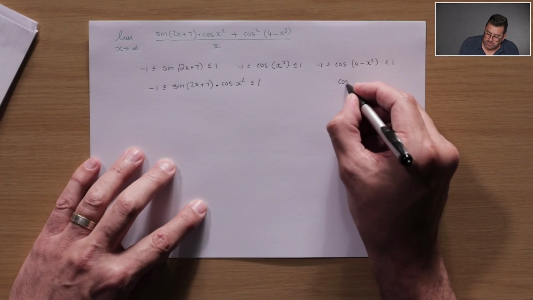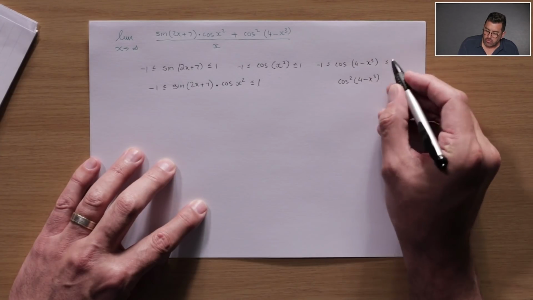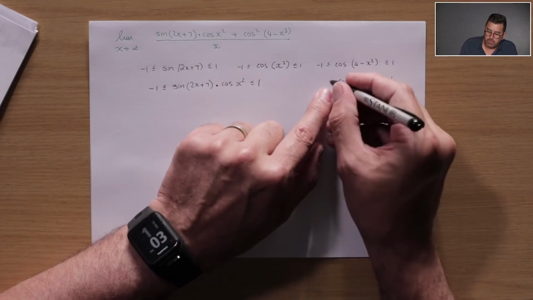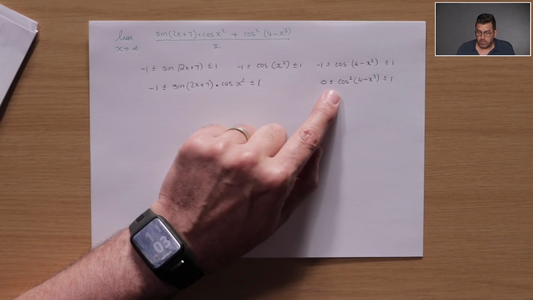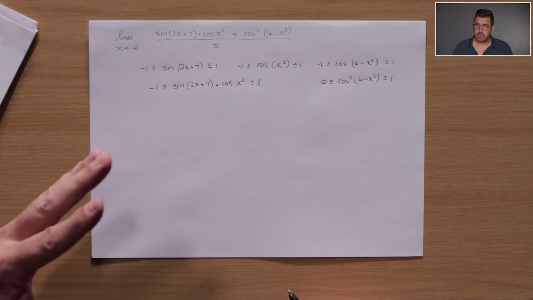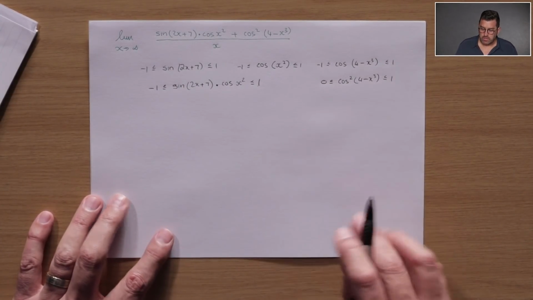What happens to cosine squared 4 minus x cubed? Well, nothing happens at the top, but what will happen at the bottom is it will become a positive number. That is, we write a positive number here as bigger than naught. The bottom limit is positive, so it's bigger or equal to 0.